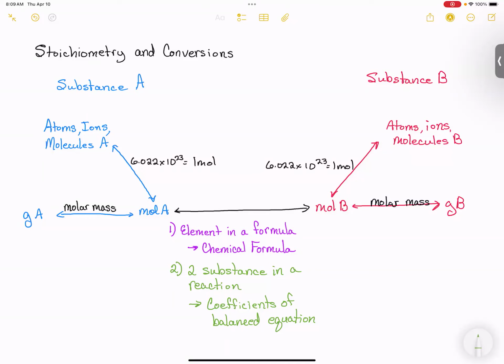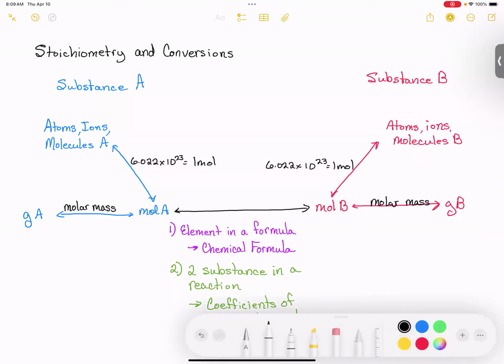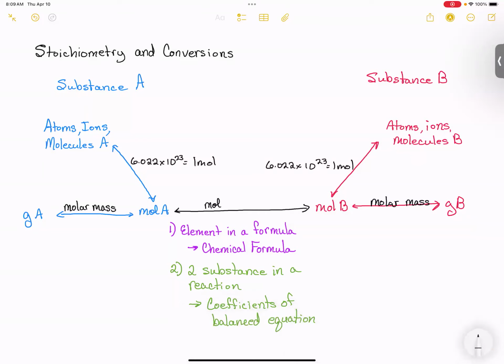And you'll notice the only way to go between two things that have a different formula, whoops, I missed an important piece, is a mole to mole ratio. That is the absolute only way you can convert from one formula into another formula. You've got to go through the mole to mole ratio.